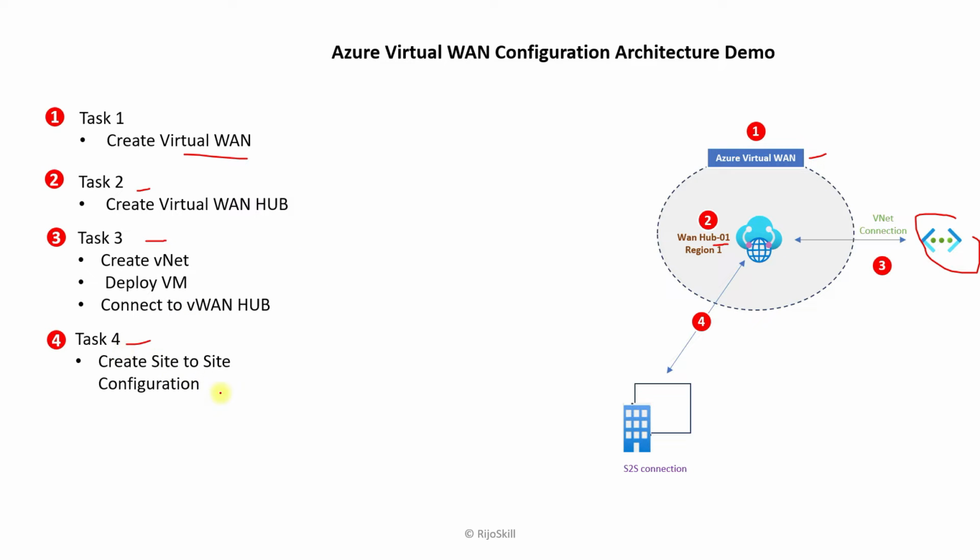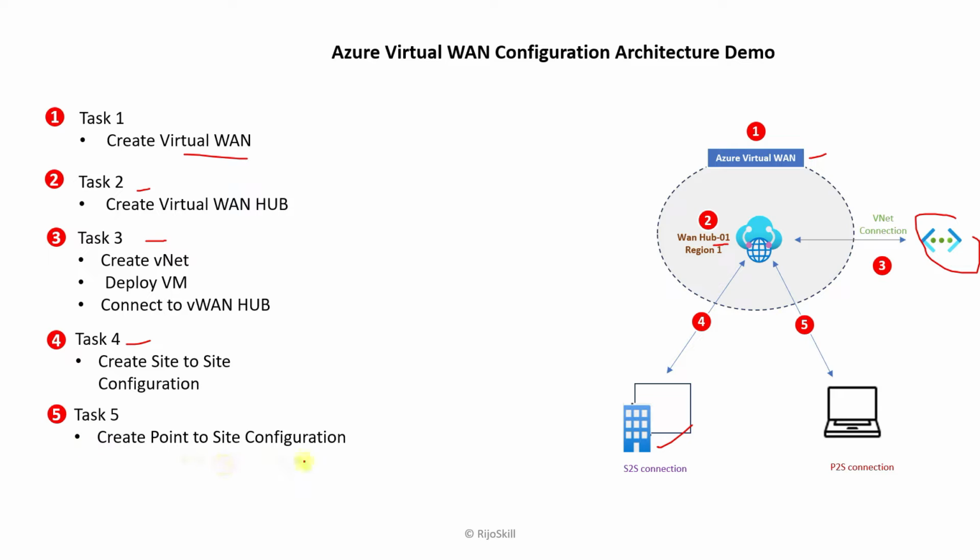Task 4, we need to create a site-to-site connection from the hub to our on-premises network. And then task 5, we will create our point-to-site configuration. So we will go to our Azure portal and create each task, so you can easily understand.